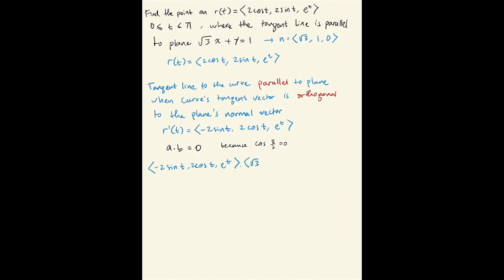Dot square root of 3, 1, 0. So it will be plus 2 cos t plus 0, right? So it should equal 0.